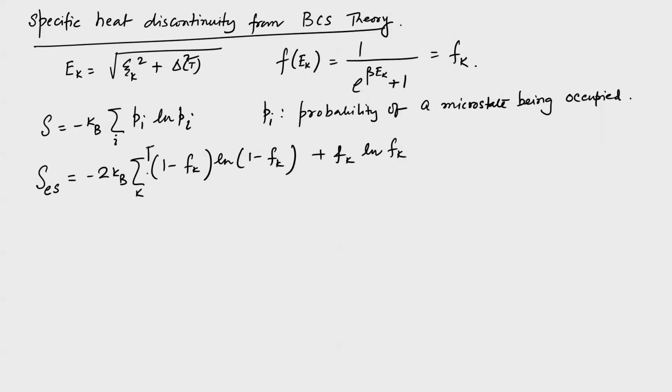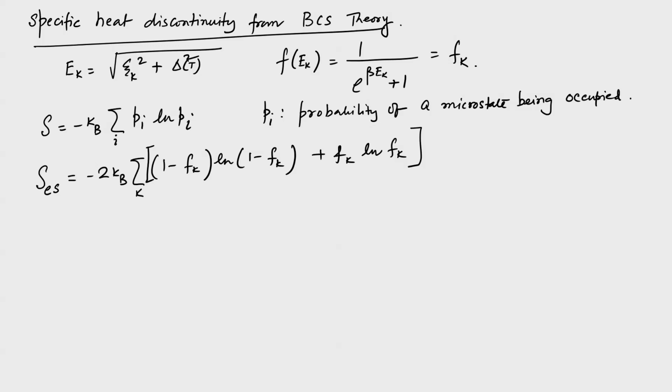So, that is the form for the entropy, where f_k's are the distribution functions, and we have talked about these 1 minus f_k's as the probability that the k states are not occupied, and f_k's are the probabilities that these k states are occupied. So, we have summed over them, and so that is the expression.